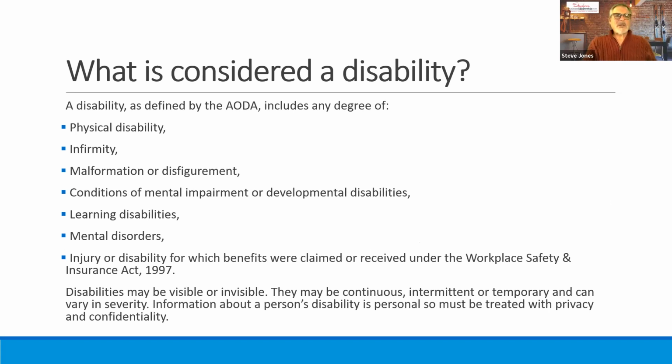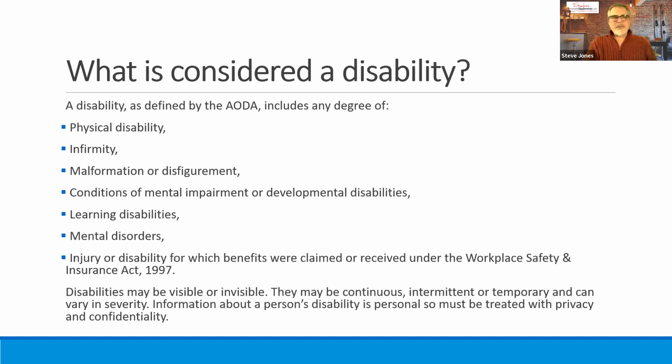So a disability under the AODA includes a degree of physical disabilities, infirmities, malformations, and disfigurements, conditions of mental impairment, developmental disabilities, learning disabilities, mental disorders, and injury or disability for which benefits are claimed under workers' compensation.